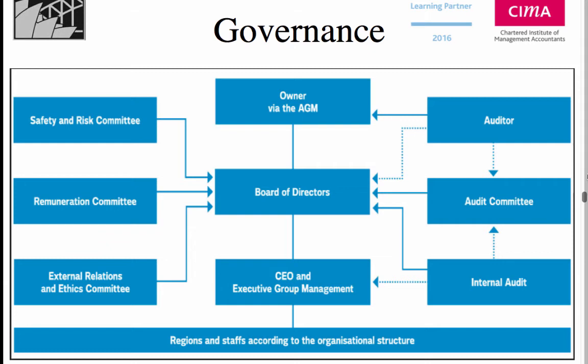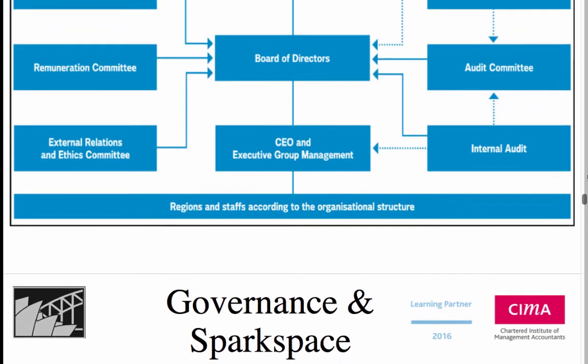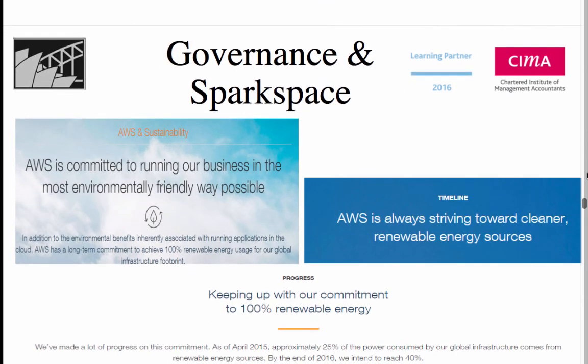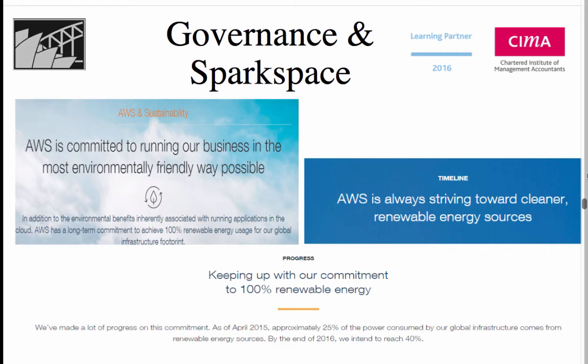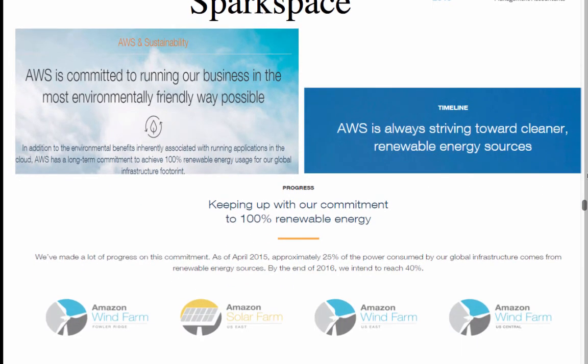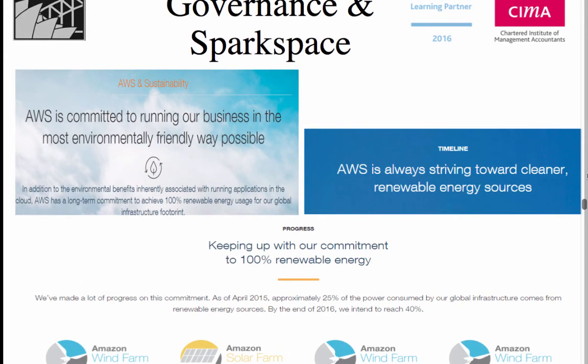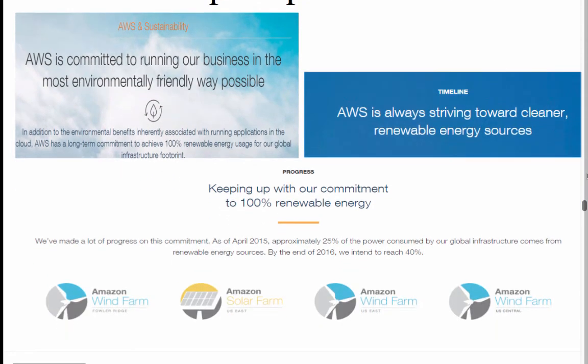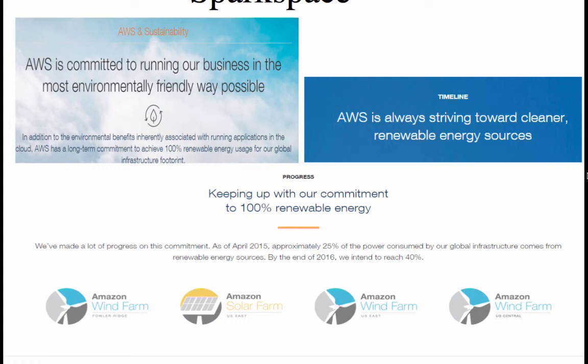What is required. Yeah? And now let us move on from governance at Spark Space, as I have done some analysis on Amazon Web Services, right? And we look at the environmental angle and say, how does the environment impact here?